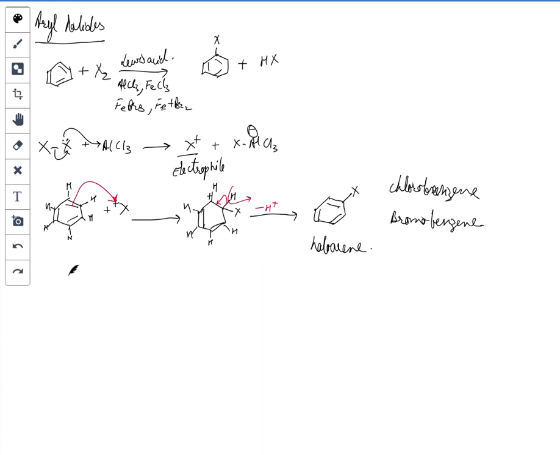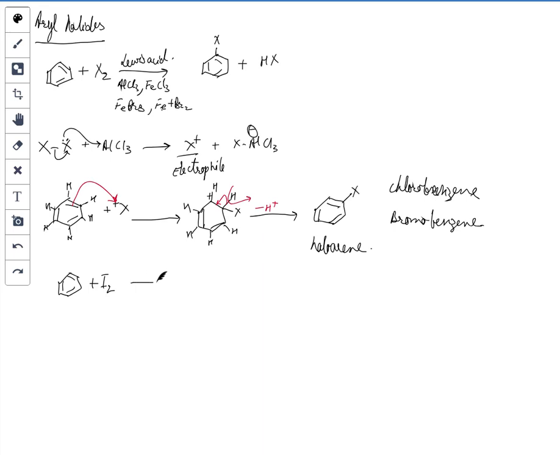If we want to prepare iodobenzene, then there needs to be a little modification. And that little modification is that when we use iodine, the HI formed as a product is a very good reducing agent. Being a very good reducing agent, it reverses the reaction. That means we again end up with benzene and iodine. We are not able to get iodobenzene effectively.